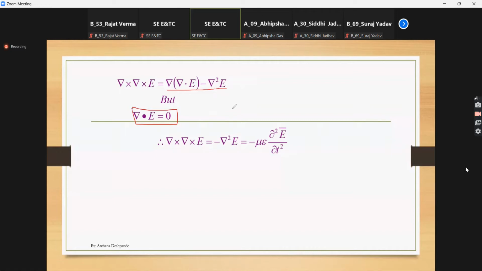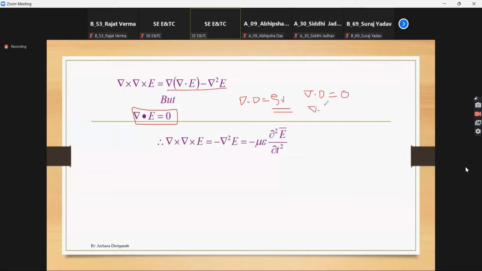Because we are talking about free space. Okay, so it is going to be 0 because what is divergence? Divergence of D is going to be rho V. When does rho V come? When there are charges. But in free space there are no charges, so therefore we can say the divergence of D is equal to 0. And what is D?